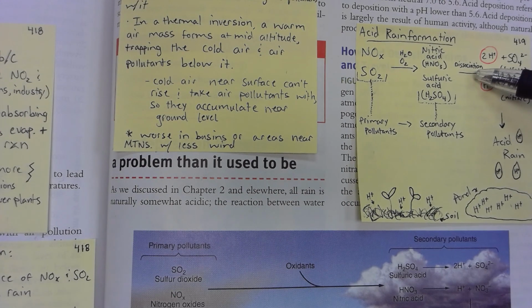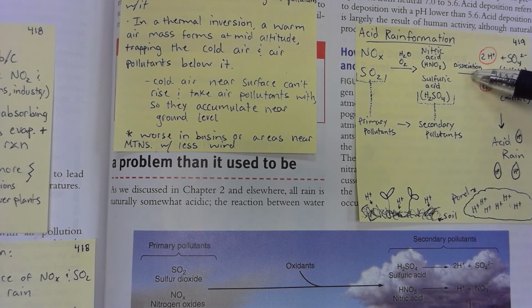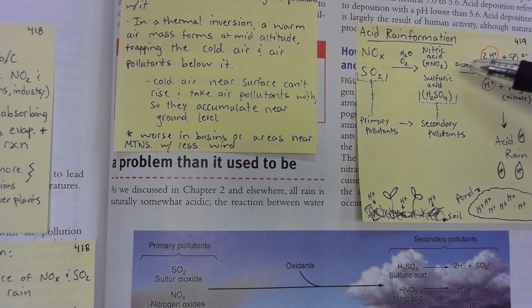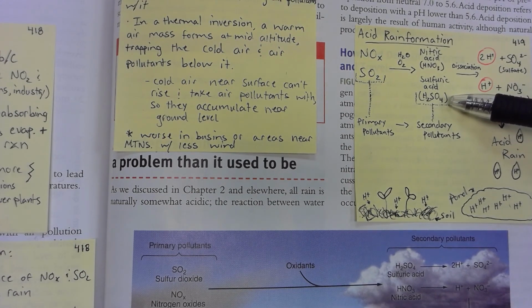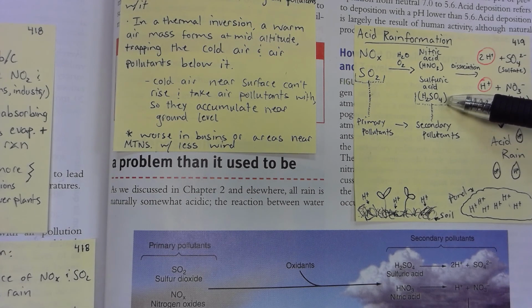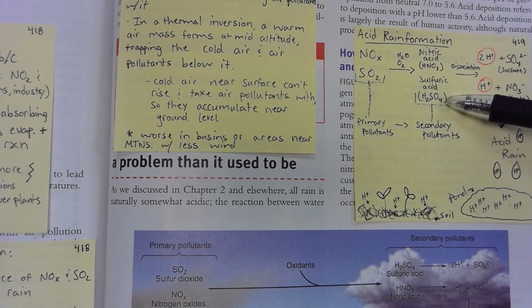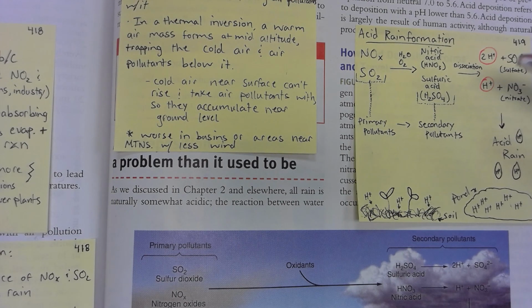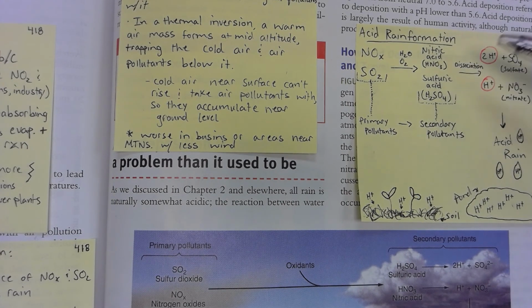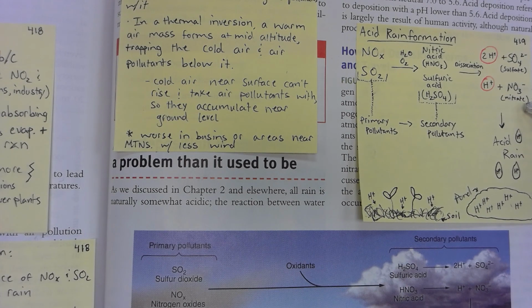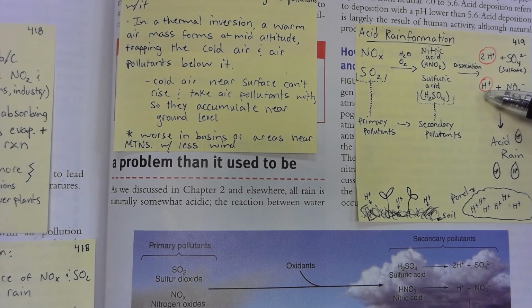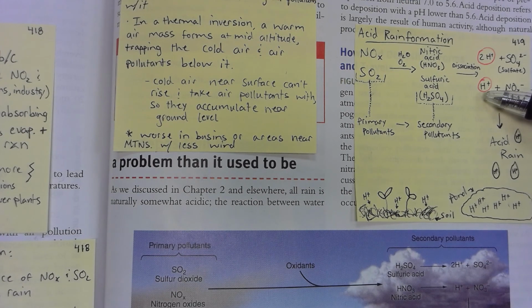There's a second step, and it's called dissociation. So in dissociation, these compounds, nitric acid and sulfuric acid, dissociate, or they break apart into two separate ions. Remember, ions are compounds that have a charge to them. So nitric acid will dissociate into nitrate, NO3-, and an H+, or a hydrogen ion.